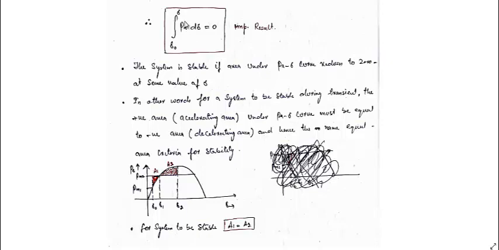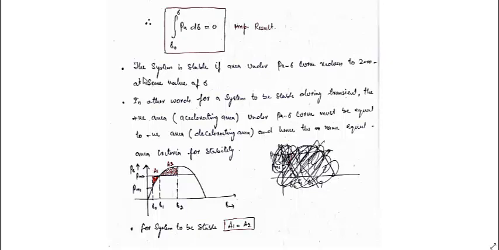That means we must have some positive accelerating area, because PA is PM minus PE, which is accelerating area, and we must have negative accelerating area or decelerating area. So we can say when it is positive accelerating area, that is PA will be positive, PM minus PE should be equal to negative accelerating area or decelerating area, that is PM minus PE should be negative, and that negative should be equal to this positive.